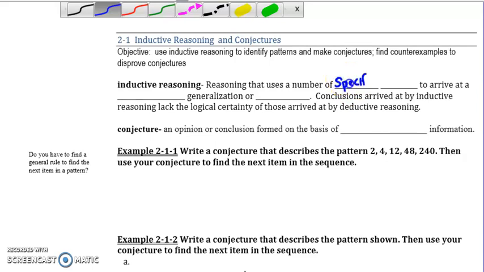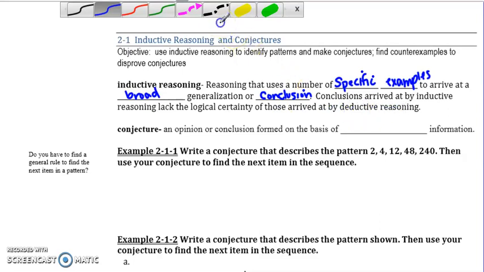So it's specific examples to arrive at a broad generalization or conclusion. Conclusions arrived at by inductive reasoning lack the logical certainty of those arrived at by deductive reasoning.